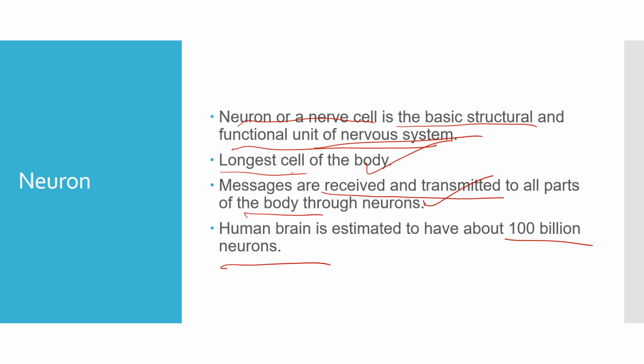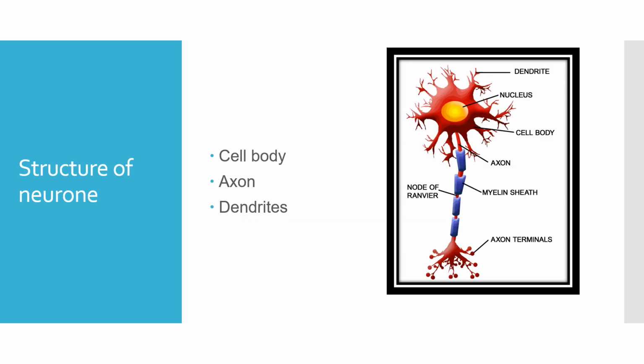Now we will move on to the structure of neuron. The neuron consists of three main parts: the cell body, the axon and the dendrites. Let us see this diagram. The cell body is the cyton, and it contains the nucleus.